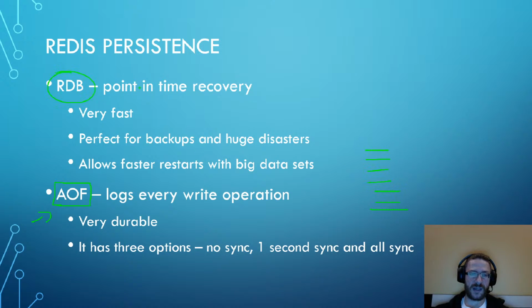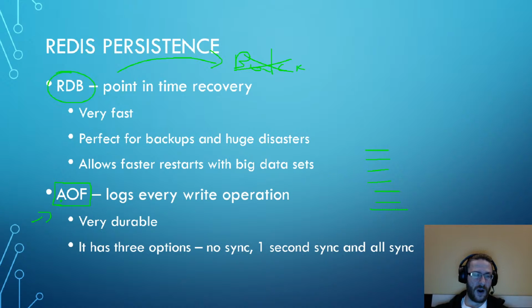With RDB, for example, while Redis is creating the backup, if the machine crashes and the backup is not complete, the backup will be corrupt and it will be irrecoverable. So the AOF is a little bit more durable.